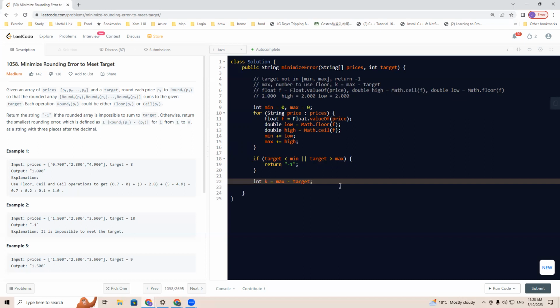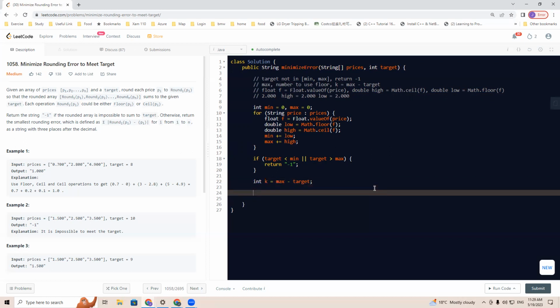And this is our method setup. What we want is to try to use these different prices and get the minimal errors.